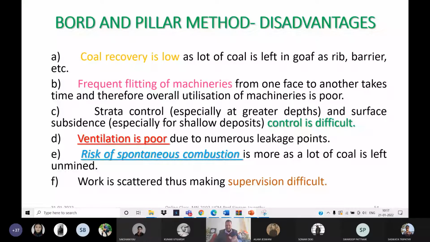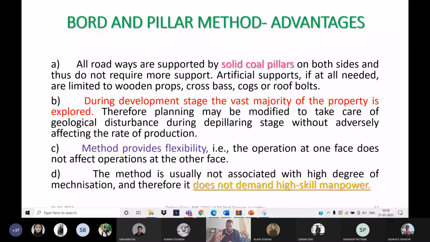Otherwise, I can reiterate once again: we are leaving solid coal there, and flexibility is provided because you are exploring the total strata in that board and pillar panel while developing the gallery itself. These are some of the prominent advantages. And even very high mechanization need not be there, but we can go for so many things. These things we will see later.